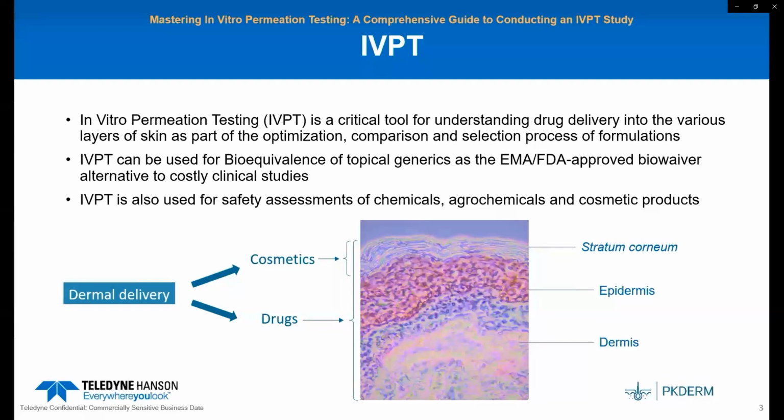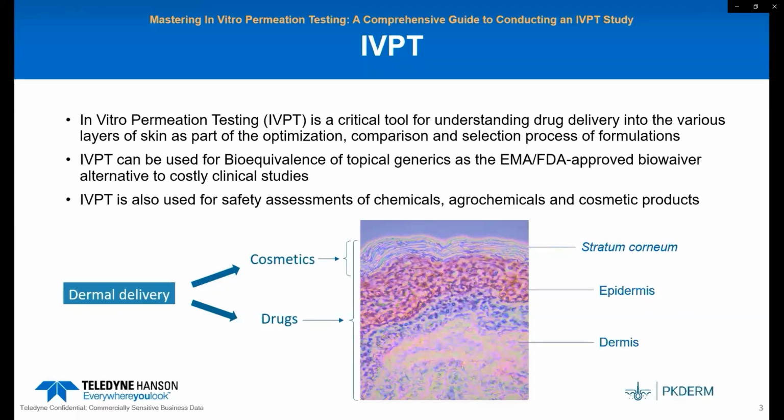So IVPT, or in vitro permeation testing, is a critical tool for understanding drug delivery into the various layers of the skin, and it plays an important role in the optimization, comparison, and selection process of drug formulation. IVPT allows to study the permeation of drugs through skin samples in a controlled laboratory setting and provides insight into how different formulations, delivery systems, and skin types impact drug delivery.